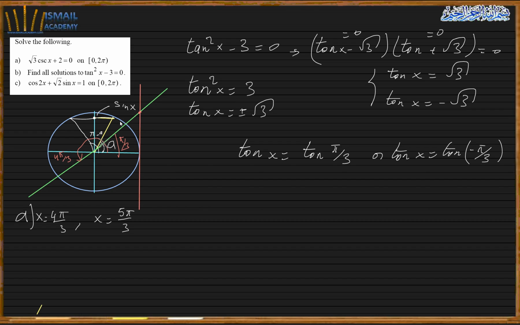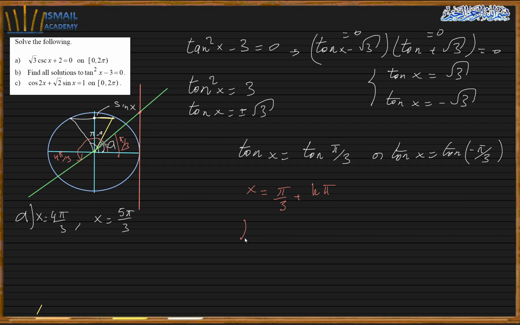They have the same tangent. Is that clear? So that means you're going to have x equal pi over 3 plus 2k pi, or pi plus pi over 3 plus 2k pi. But most of the time with tangent we use this form. So instead of 2k pi, we do just k pi, because each 180 degrees they have the same value. So x will be equal pi over 3 plus k pi.